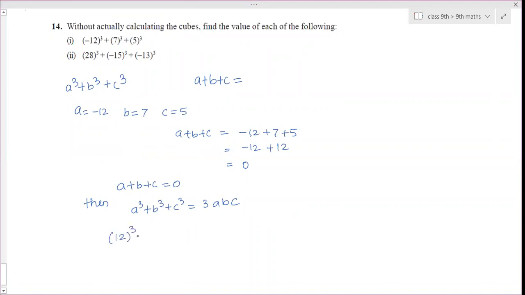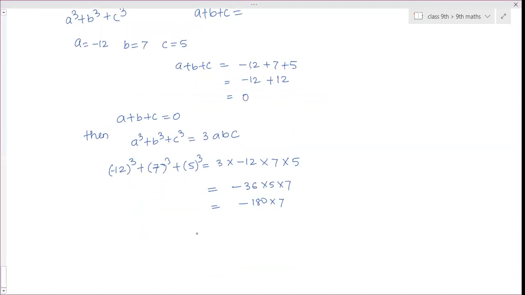So minus 12 cube plus 7 cube plus 5 cube is equal to 3 into minus 12 into 7 into 5. Minus 36 into 5 into 7, it is minus 180 into 7, that is minus 1260. 1260 is the answer.